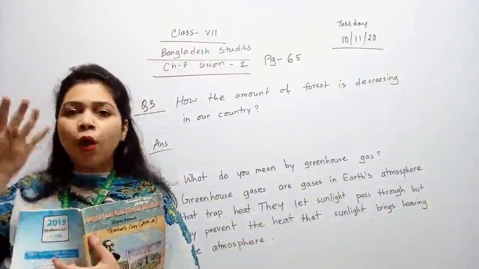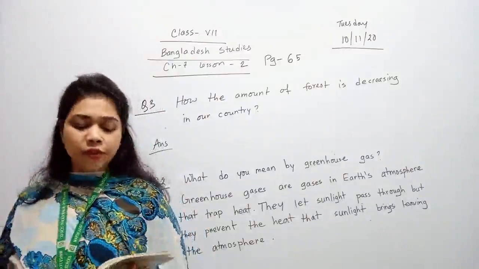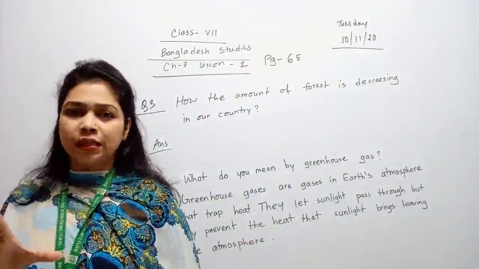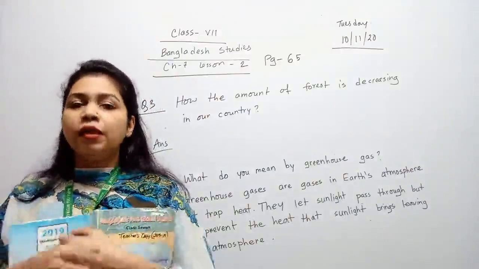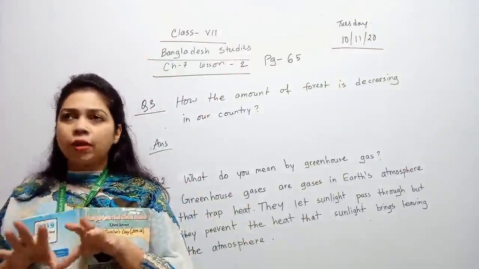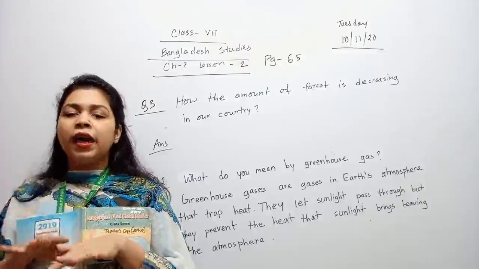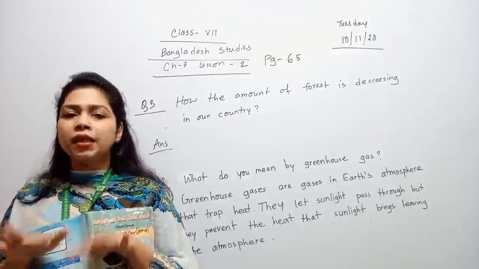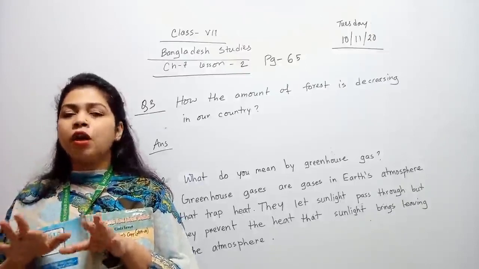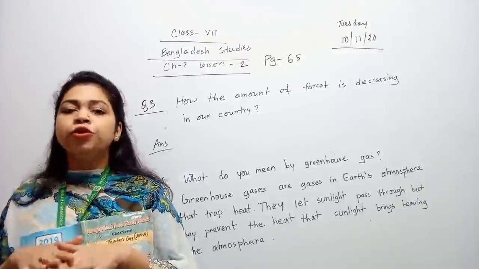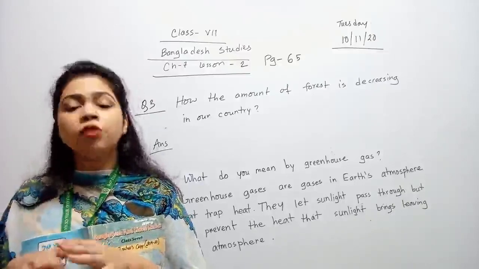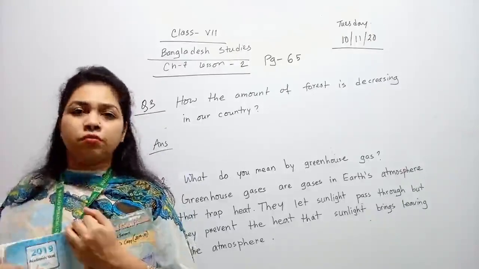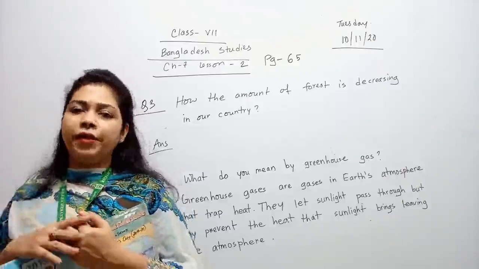As a result, air pressure of that place grows less. So when the air becomes too hot because of the heat, the air goes upward and the pressure of that place becomes less. That means the pressure of the air becomes less due to the heat of the atmosphere. This is called depression.